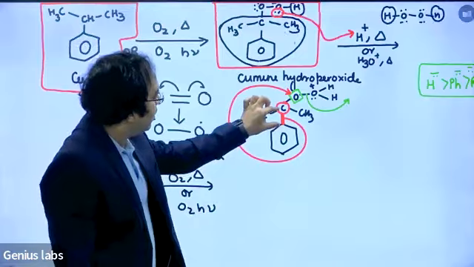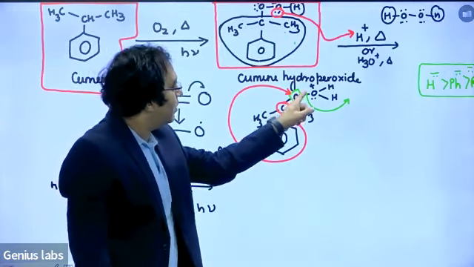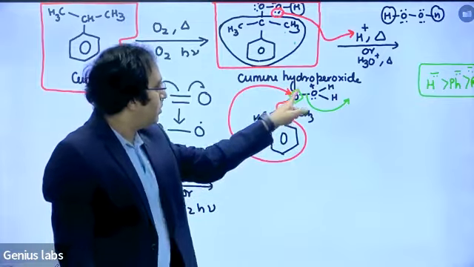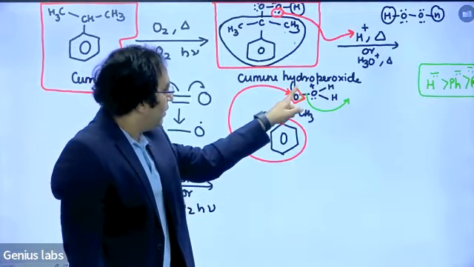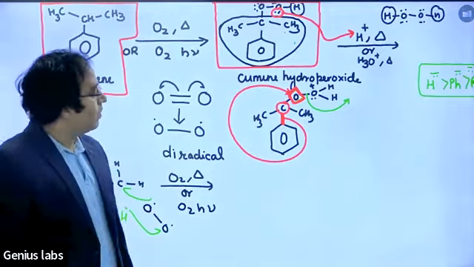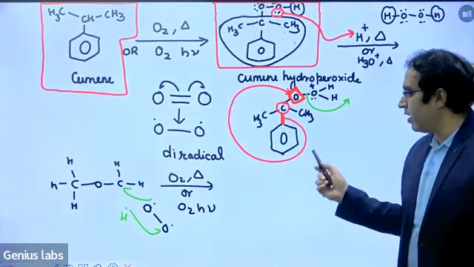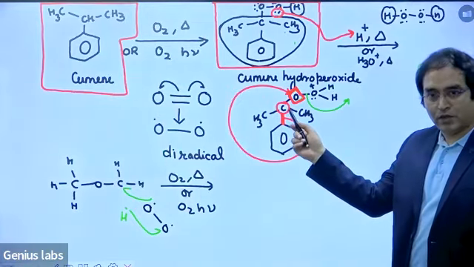If you're breaking one bond from here and giving it to oxygen, and this is out, oxygen lost one bond, gained one bond. I repeat my sentence. This oxygen lost one bond, gained one bond. No charge on it. Who is losing the bond? This carbon. Bond टूट गया है. यहाँ पे क्या है? Plus charge.